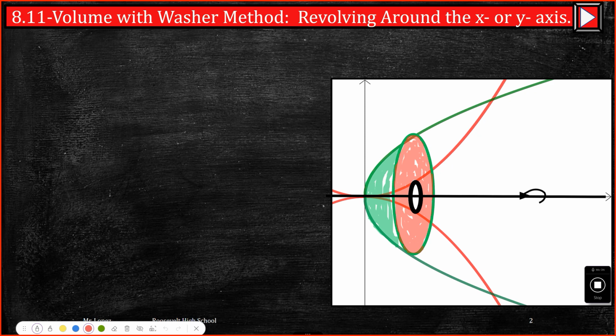So how do we come up with the formula for it? Okay, let's see. How can we come up with the volume of this? The volume is going to equal, basically, pi, the radius squared, and let's say dx.